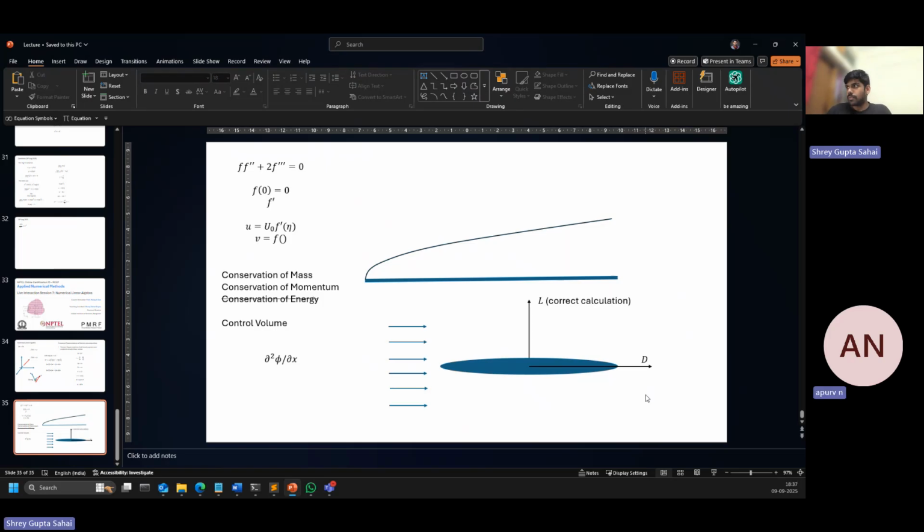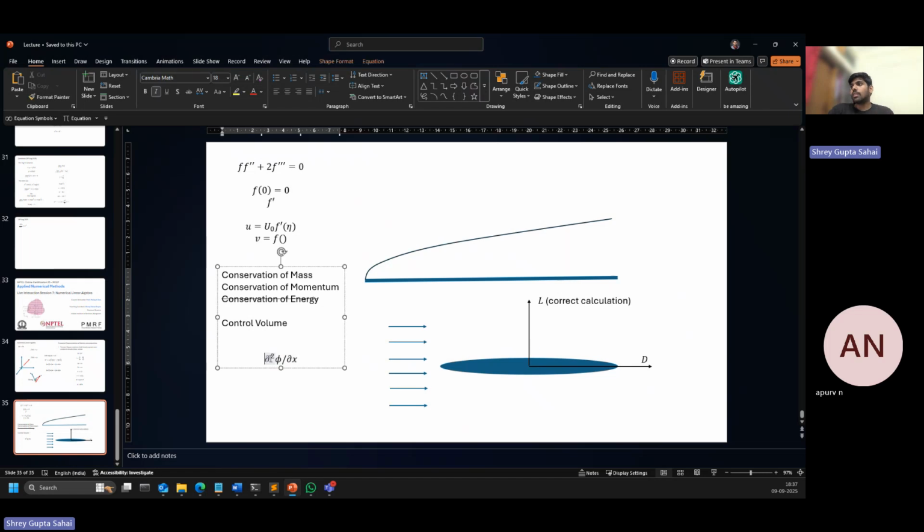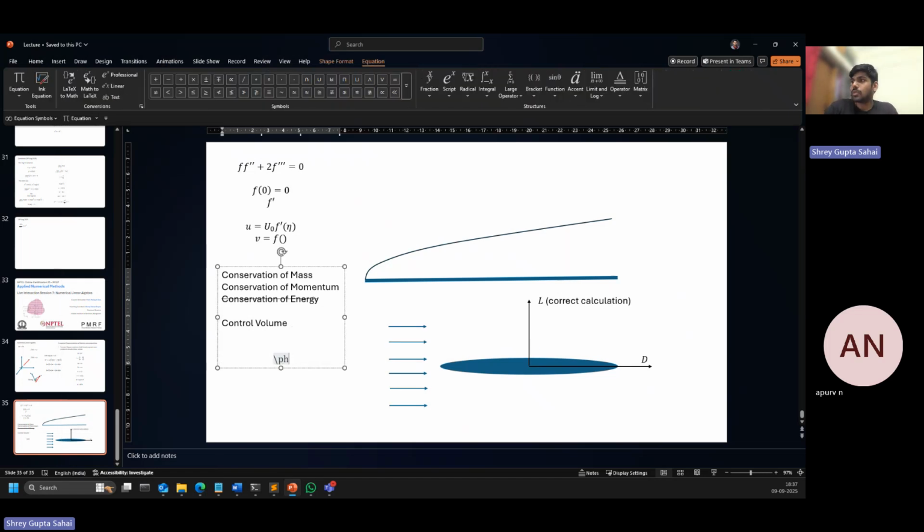So if the front portion of the bus is very blunt, then the pressure drag should dominate, I think. Right, yeah, you're totally correct. But the problem is that this kind of stuff which I was trying to write, the Laplacian equation, is not able to give that.